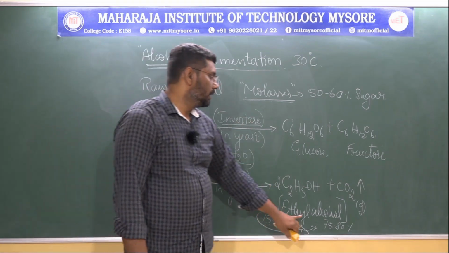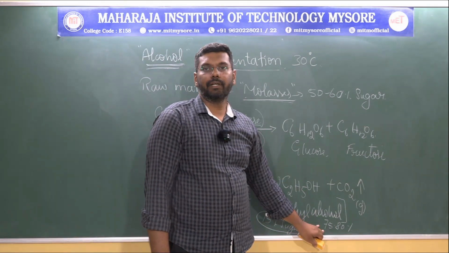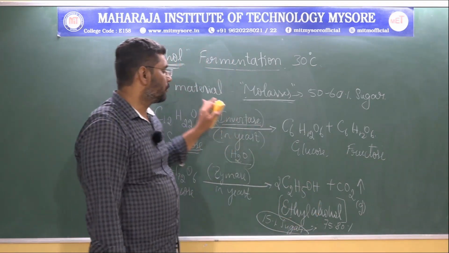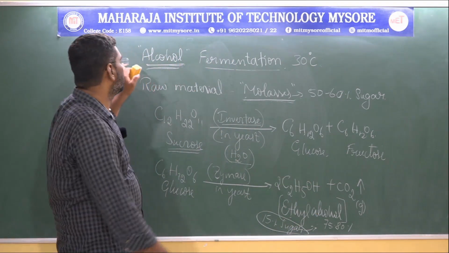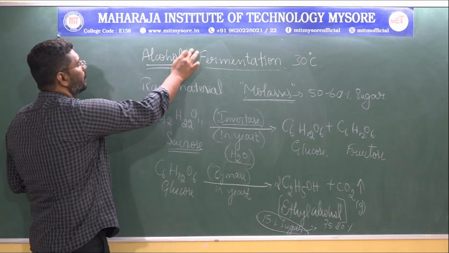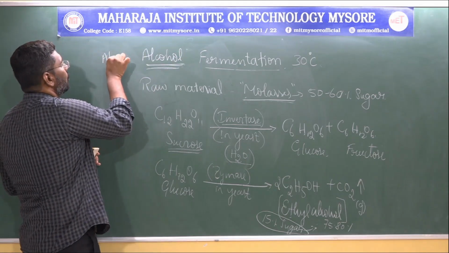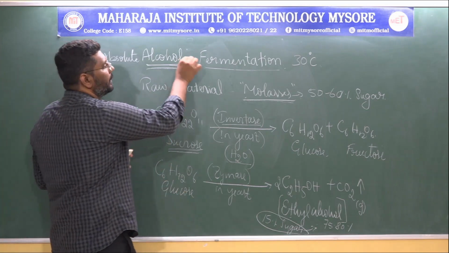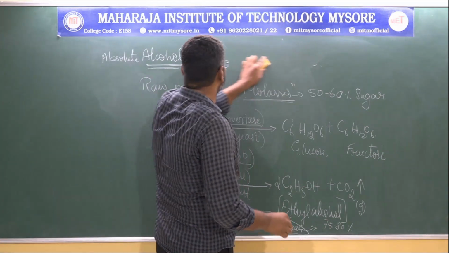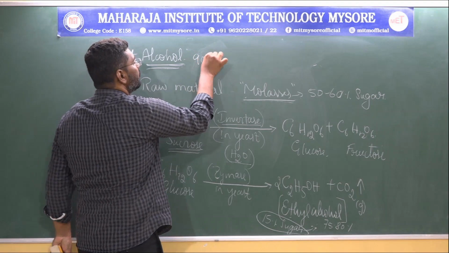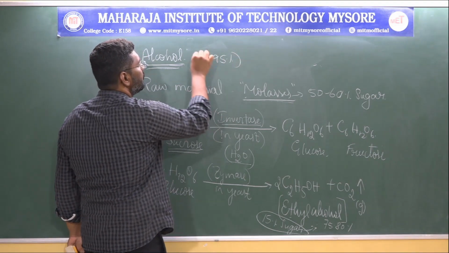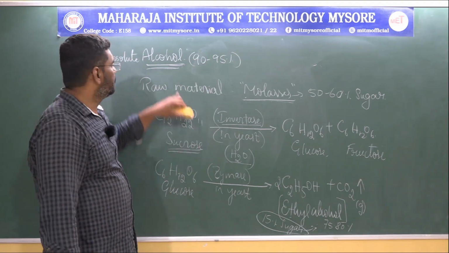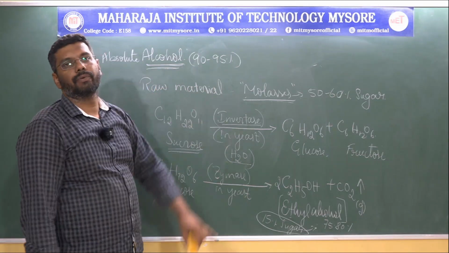So further the ethyl alcohol will be purified, and our last obtained product we call absolute alcohol. Absolute alcohol will be 90 to 95% pure, and this alcohol is used to blend with petrol.